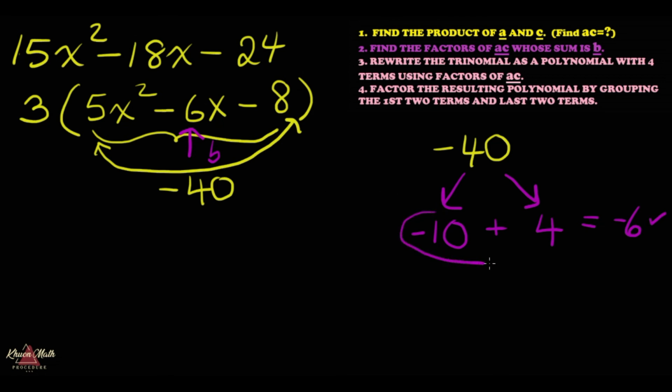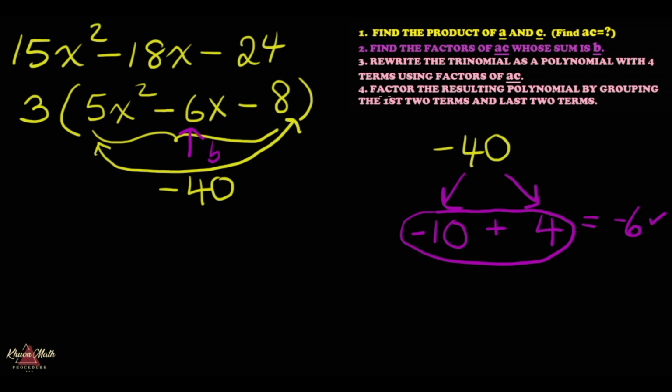These are the two factors of negative 40, and when you add them, it comes out to negative 6. So that's step 2.